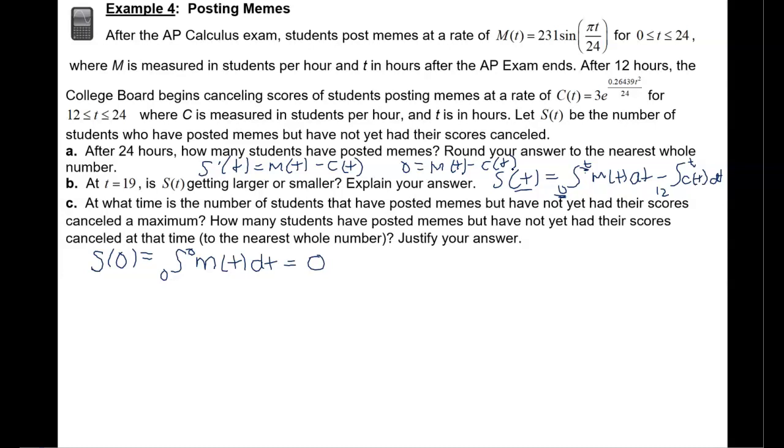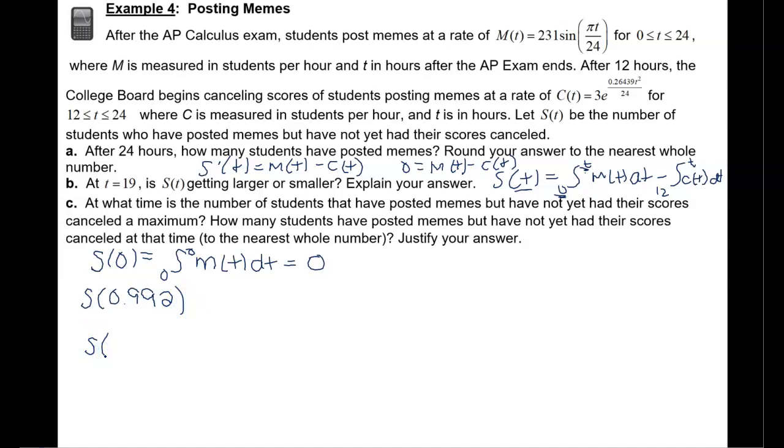I see one near the very beginning. So I'm going to investigate s of 0.0992.